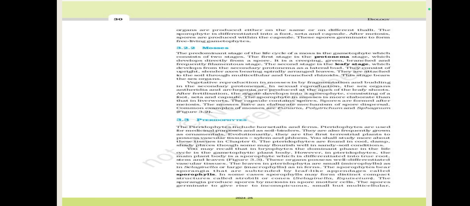Figure 3.3. These organs possess well-differentiated vascular tissues. The leaves in pteridophytes are small, microphylls, as in Selaginella, or large, macrophylls, as in ferns. The sporophytes bear sporangia that are subtended by leaf-like appendages called sporophylls.